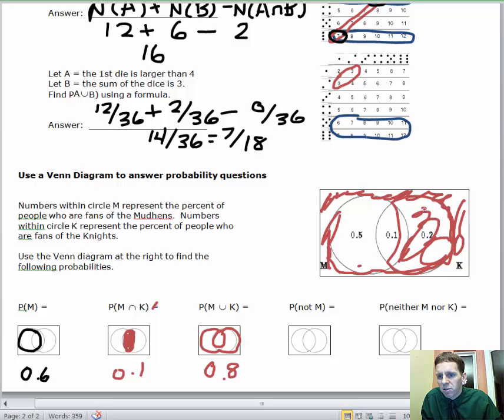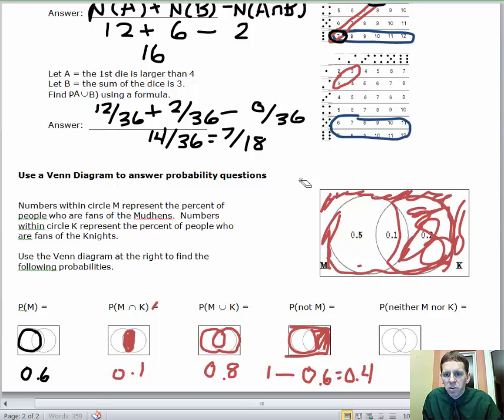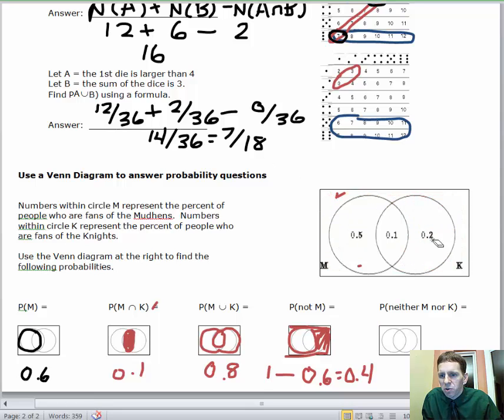I'll include this area right here. So who's in this region here? Well, what we're working with is everybody but the 0.5 and 0.1. So if you want to do 1 minus who's in circle M, which was 0.6, we've established that already, you get 0.4.